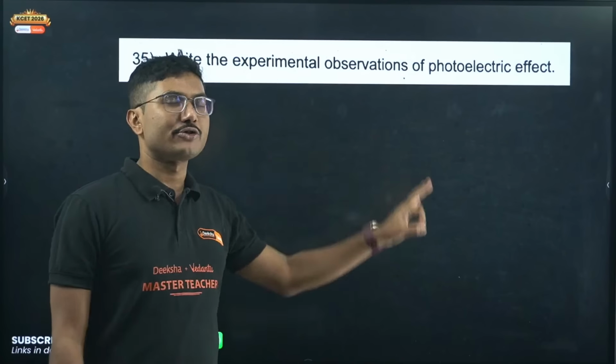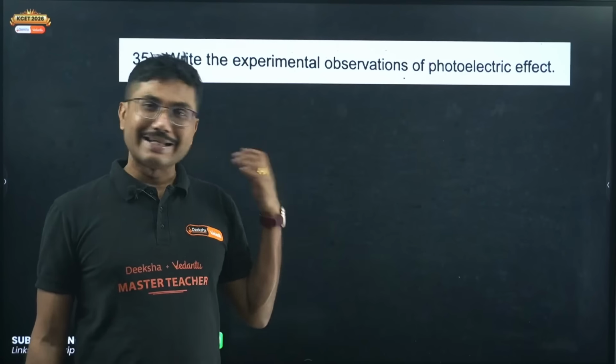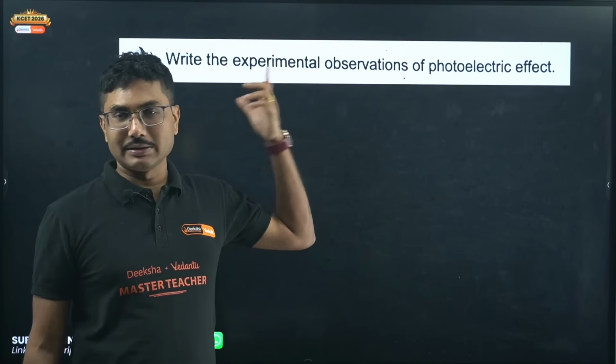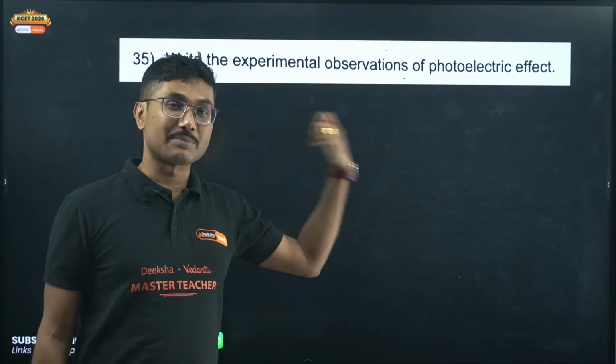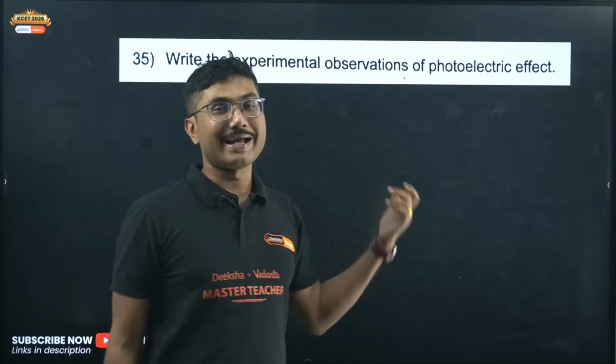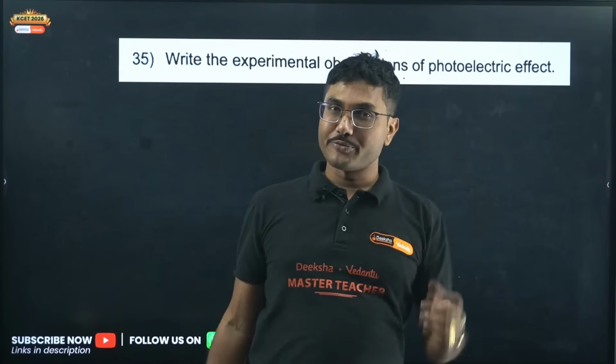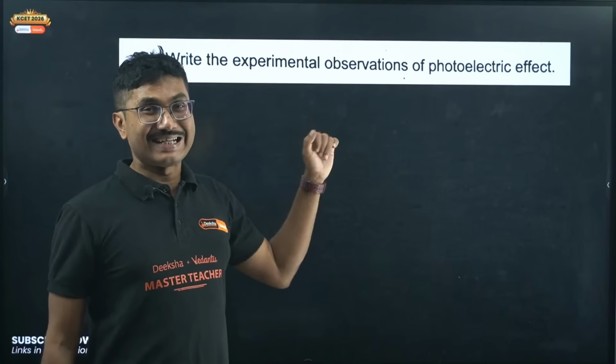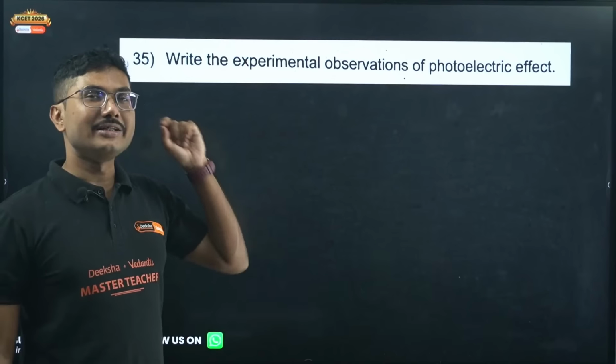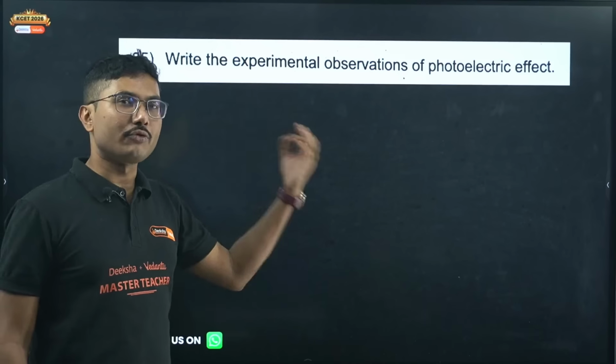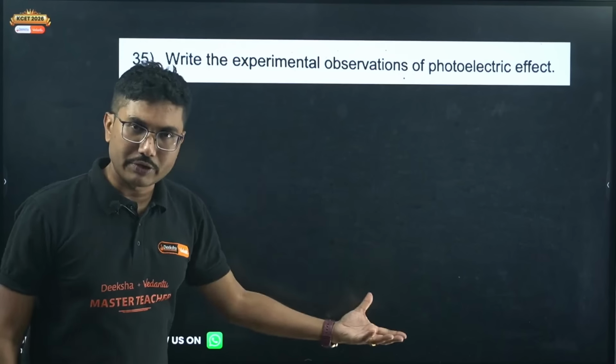If you have only mentioned threshold frequency, and E is equal to h nu is not an observation. It is Einstein's explanation. Einstein explained and came up with the formula. Observation was that the effect is instantaneous. There is a minimum frequency required for electron to emit, which is called threshold frequency.